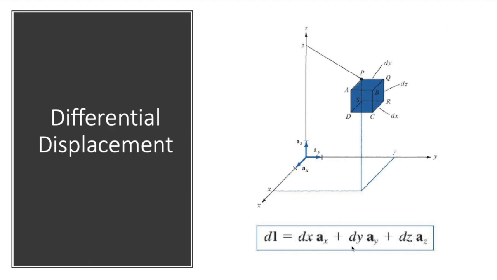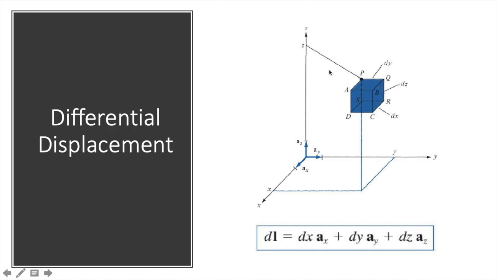So this is the diagram of a Cartesian coordinate system where we can see this cube, which is lying in space, and the cube has the dimensions dx in the x direction, dy in the y direction and dz.